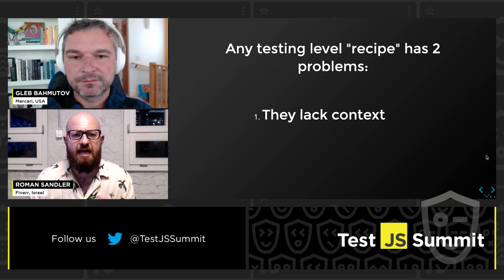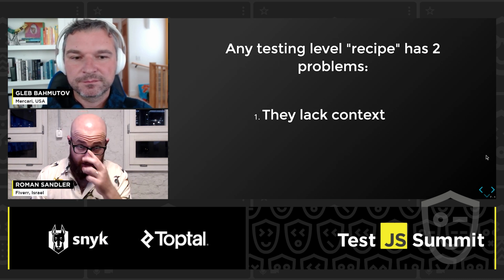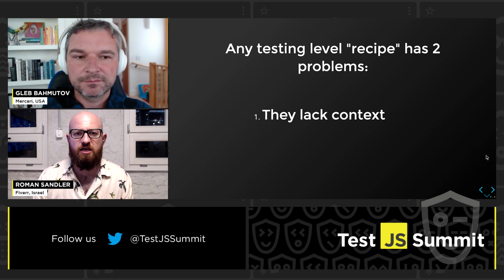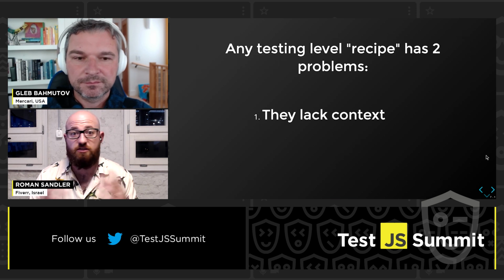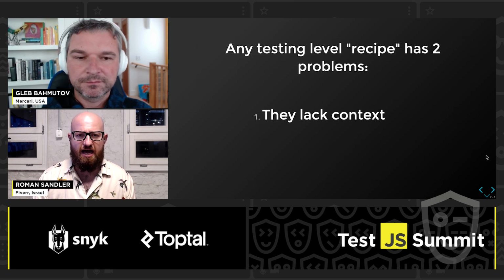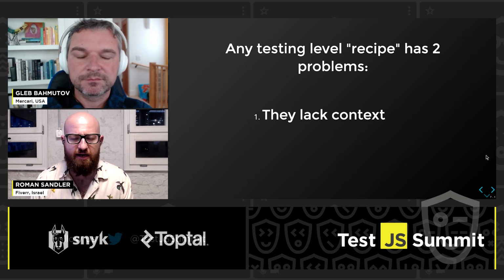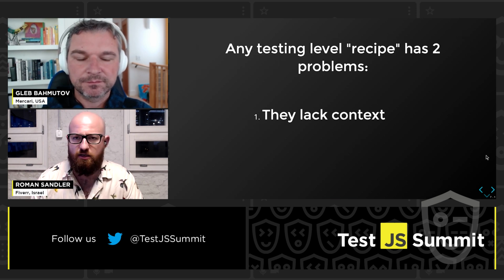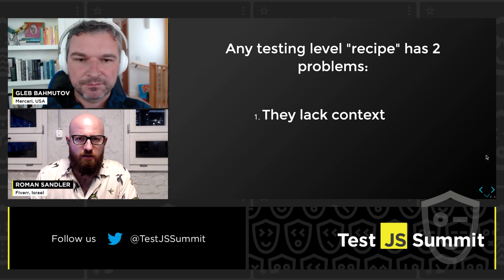So I would say that any testing level recipe, and by recipe I mean some prescription like a pyramid or the trophy where they give some hard number, like 70% of your test suite needs to be unit tests or integration tests or whatever, it doesn't matter, any prescription like that has two problems. The first one is they lack context, right? Yeah. They're not specific to a situation. They're sort of like a rule of thumb, essentially.